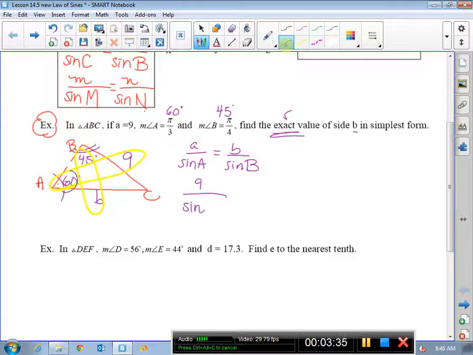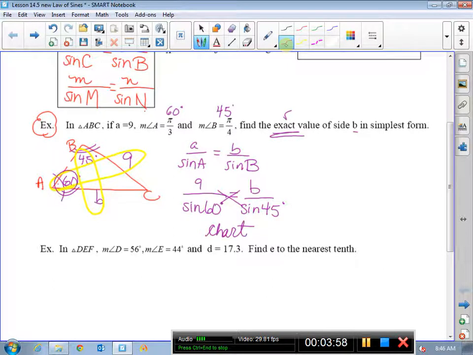Sine of angle A is 60 degrees. Side B is what we're looking for. And the sine of 45 goes below. Now these are chart values, so I'm going to make sure I put them in as radicals because we wanted the exact value. I'm also going to, in this step, cross multiply.